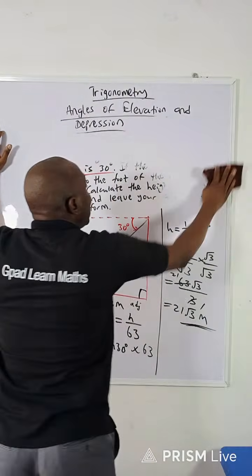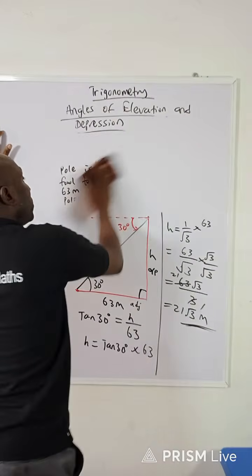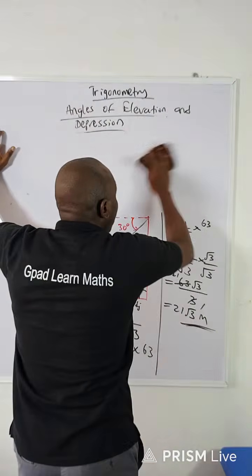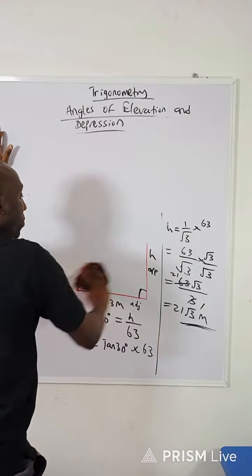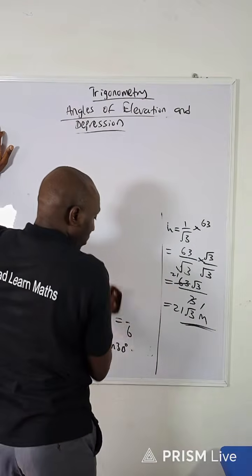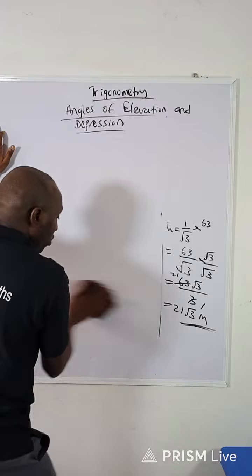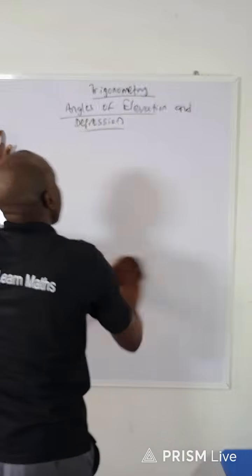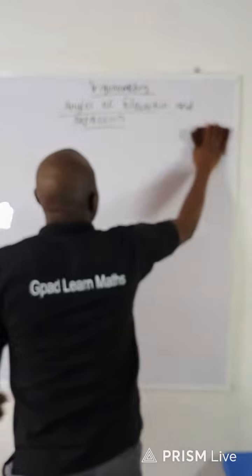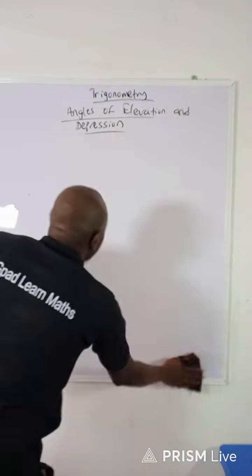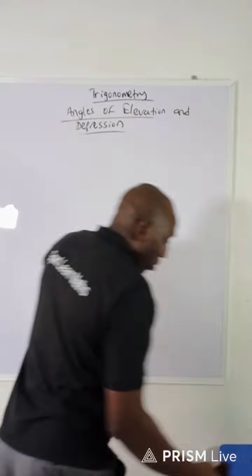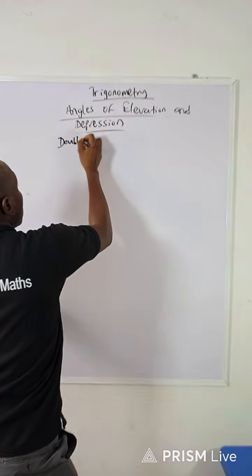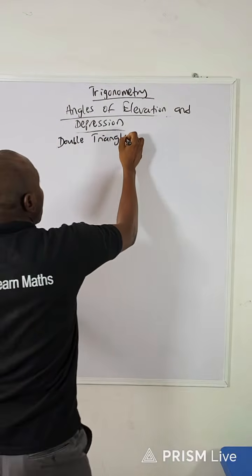But if this is the first time you are coming here, I would advise that you check my previous videos, the previous live streams we've had so far on this topic, starting from the introduction to trigonometry, and now that we are considering angles of elevation and depression. Like I said, we're going to be considering double triangle cases.